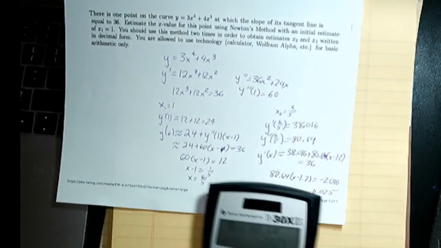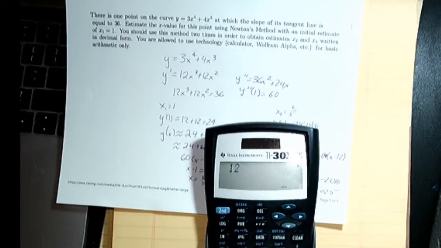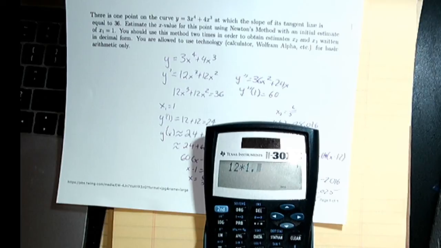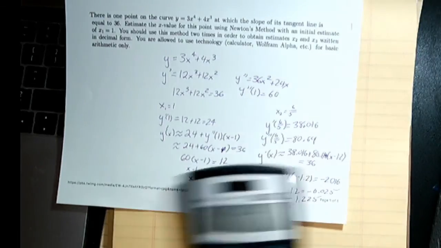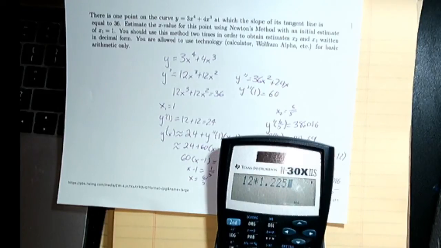So that's 12 times 1.225 cubed plus 12 times 1.225 squared.